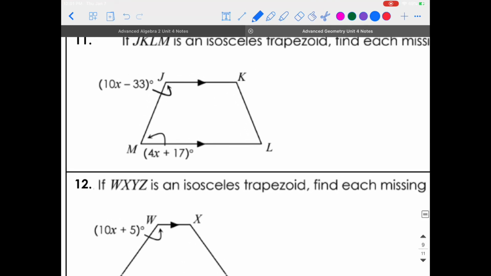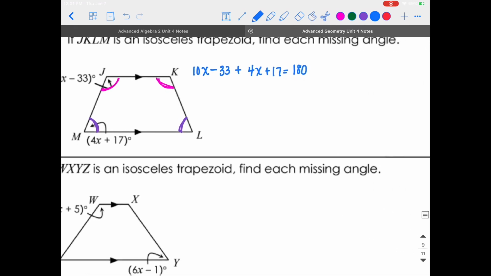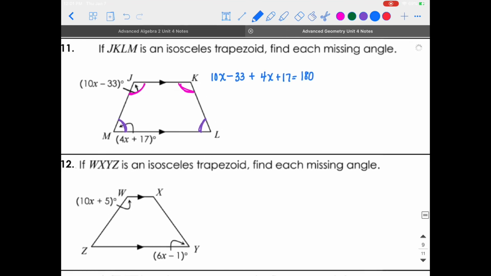Number 11, we don't have two of the angles that are the same. We have two consecutive angles, which we know add up to 180. So I'm going to say that 10x minus 33 plus 4x plus 17 equals 180.